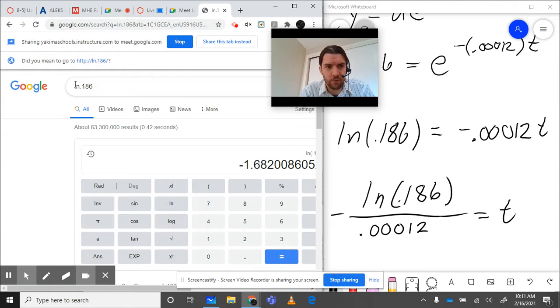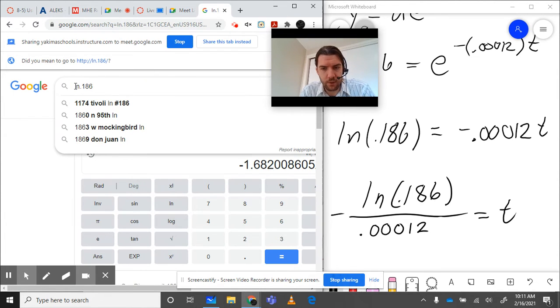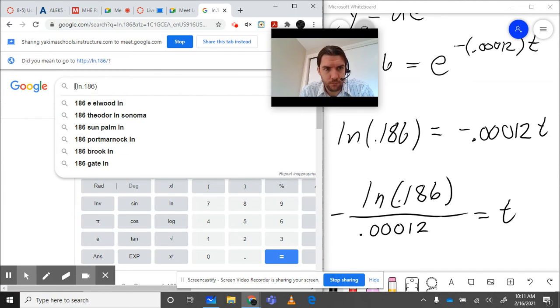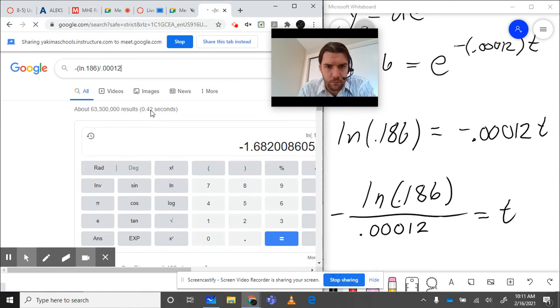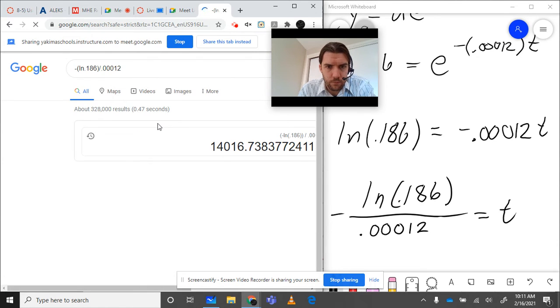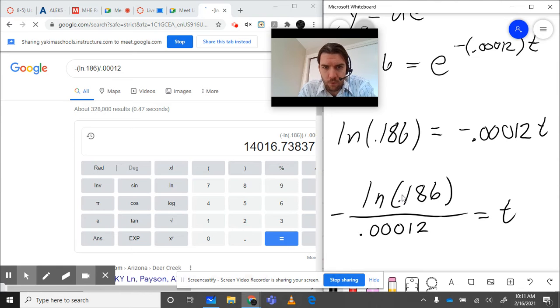Okay, so I get a negative number, so the negatives will cancel out in the end. So we're going to have this divided by 0.00012. Okay, so we get a value of 14,000 years.